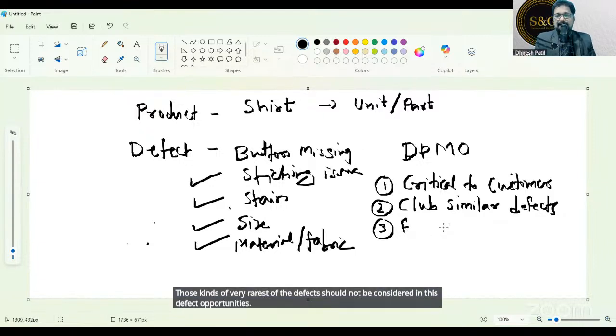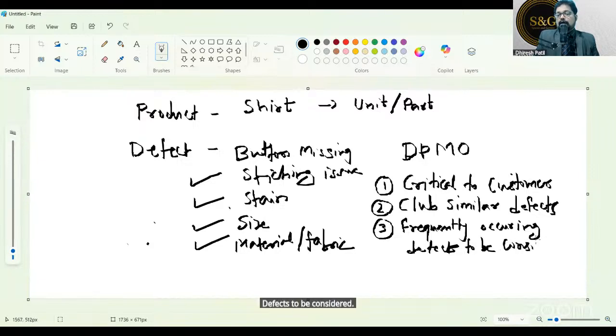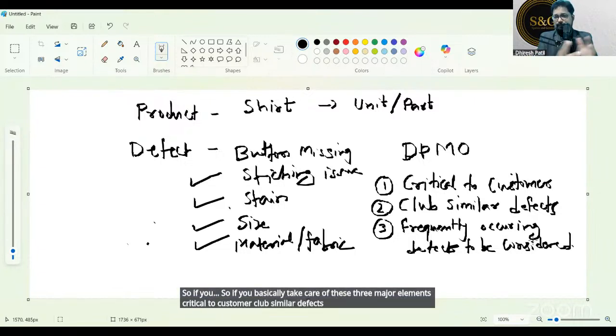So frequently occurring defects should be considered. If you take care of these three major elements, critical to customer, club similar defects, and frequently occurring defects, then you define for your product what the major defect opportunities are.